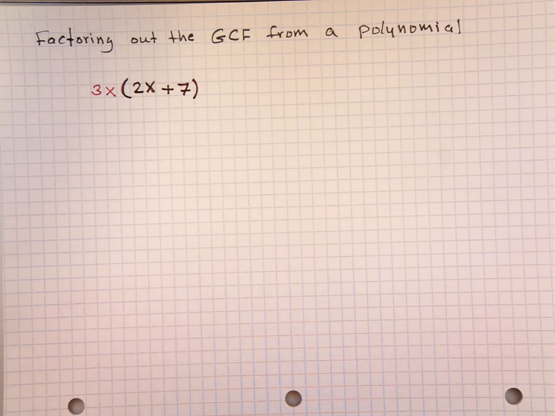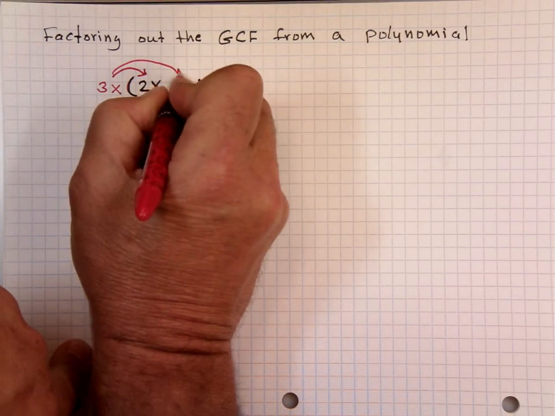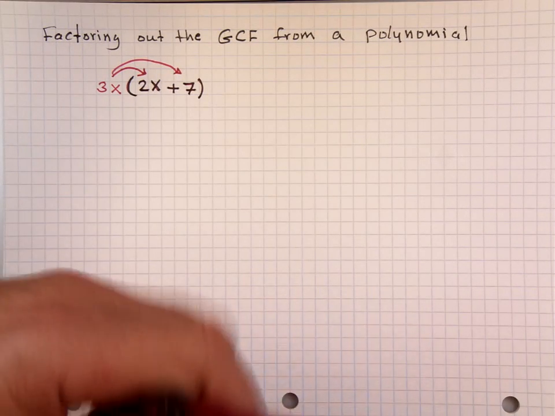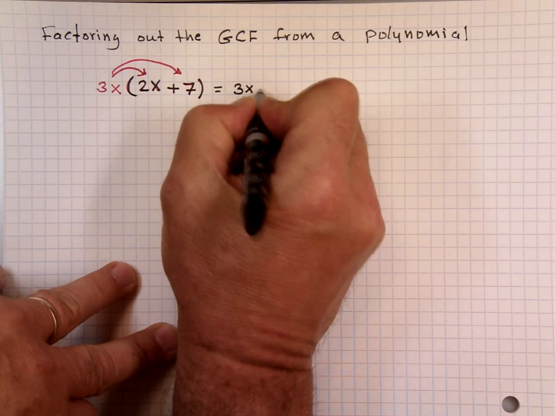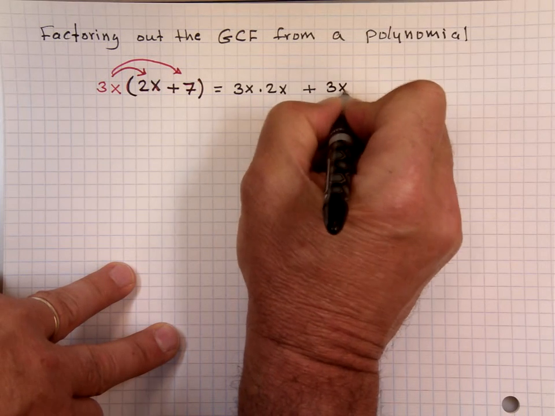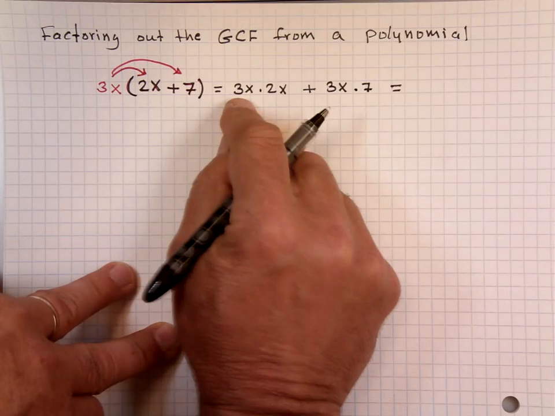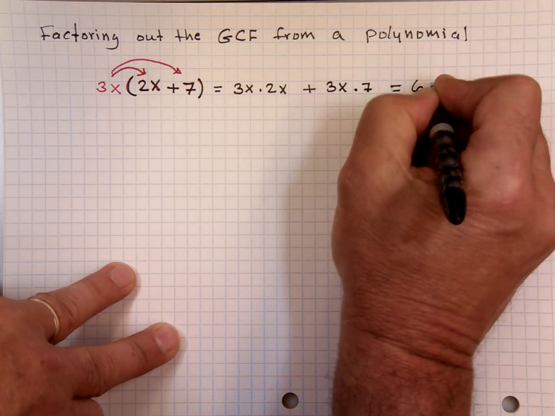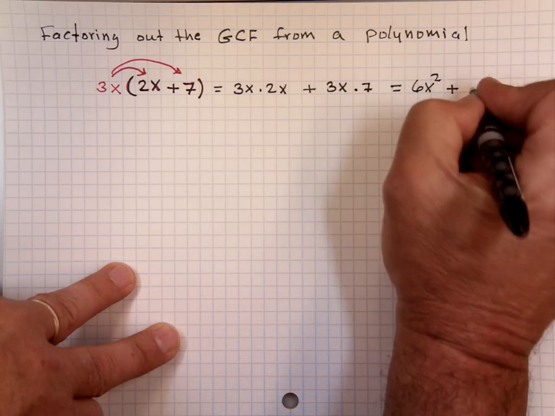We went this way and that way. So this became 3x times 2x plus 3x times 7. And my answer will be what? 3x times 2x is 6x squared, plus 3 times 7 is 21x.